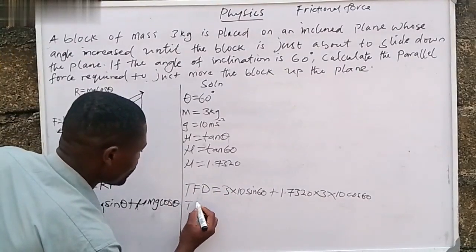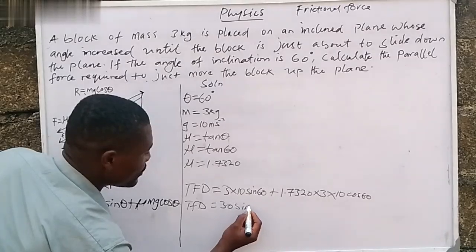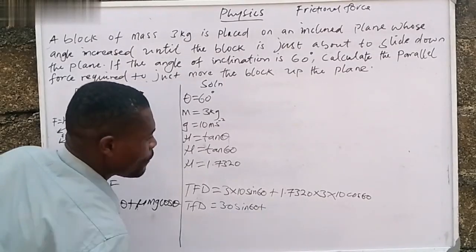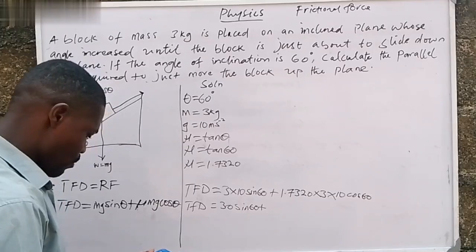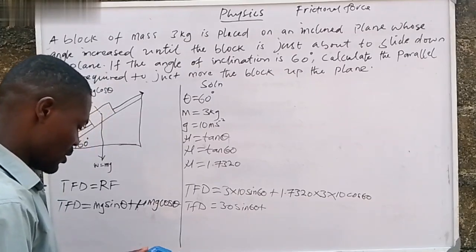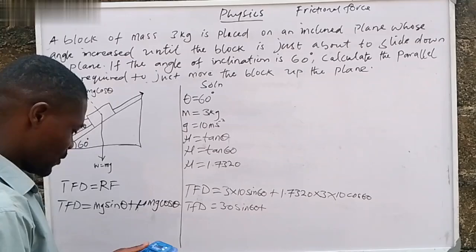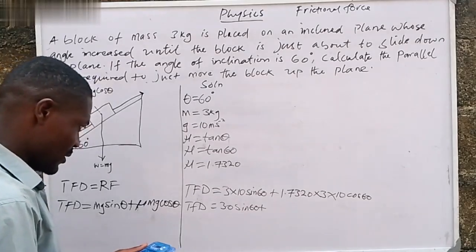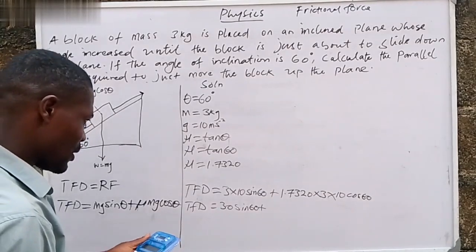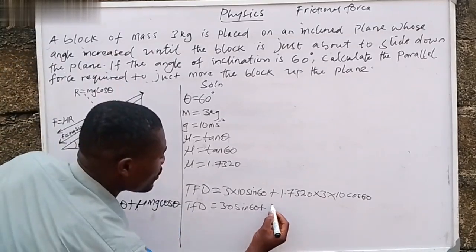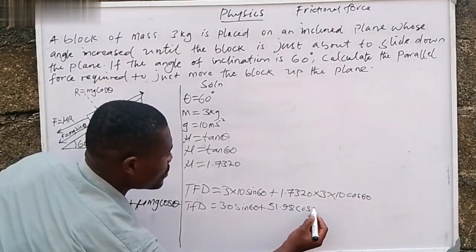So TFD is 30 sine 60 plus 1.7320 multiplied by 3 times 10, which is 30, giving us 51.98 cos 60.